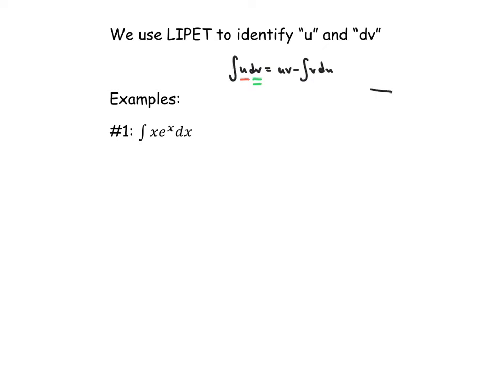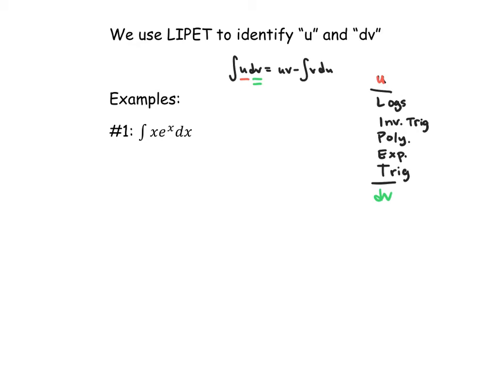I use this idea called LIPET: L-I-P-E-T. It gives us a way to identify which one is which. So u will always be up in this orientation, and dv will always be down. L stands for logarithms, I stands for inverse trig, P stands for polynomials, E stands for exponentials, and T stands for trig.